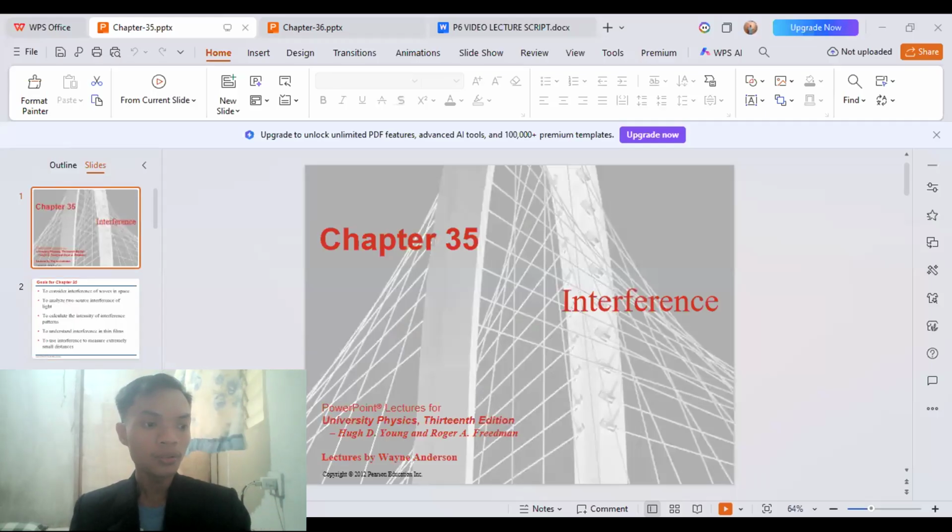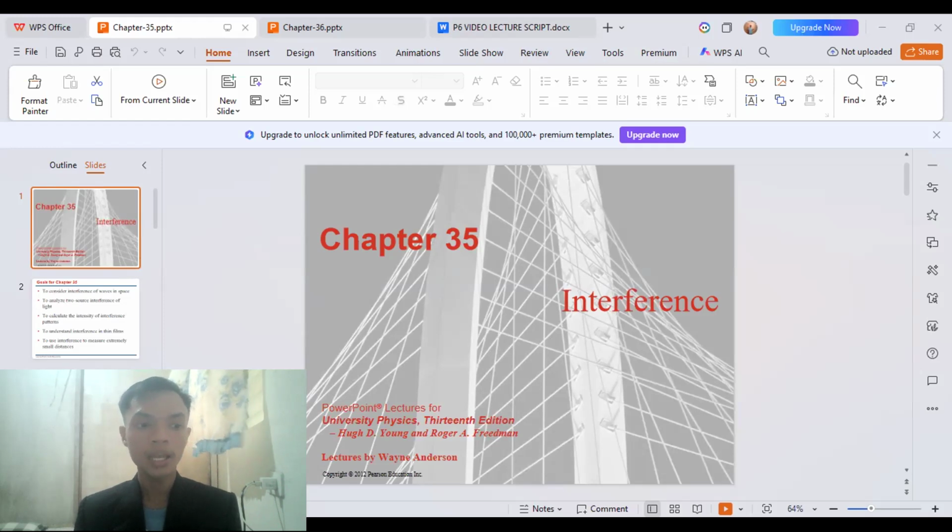So, to sum up, we began with everyday examples of interference, like soap bubbles. We also explored wavefronts, wave interference, and thin film phenomena. We also saw how interference helps measure distances and test optical surfaces.